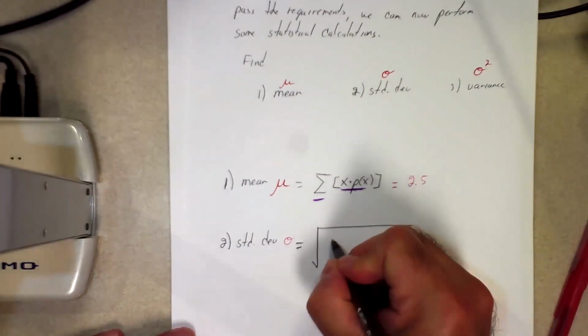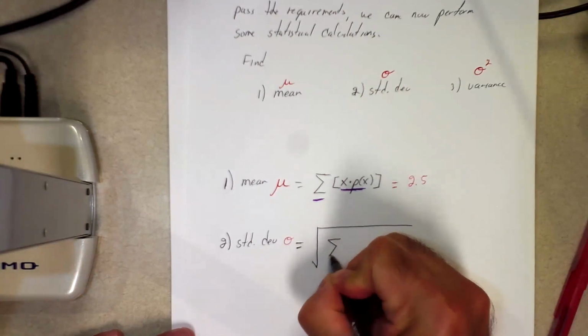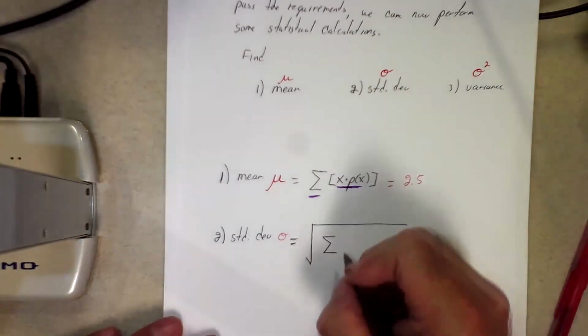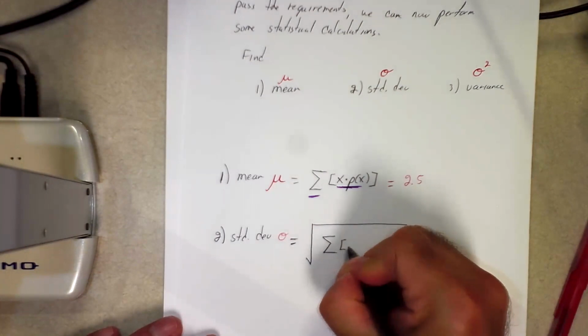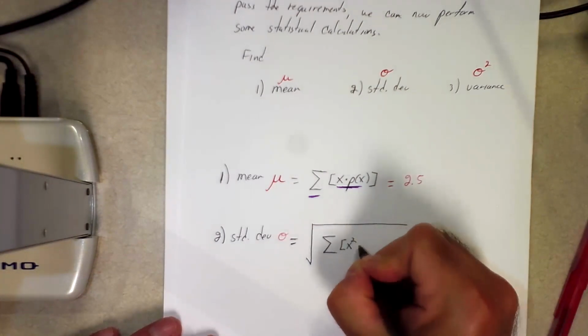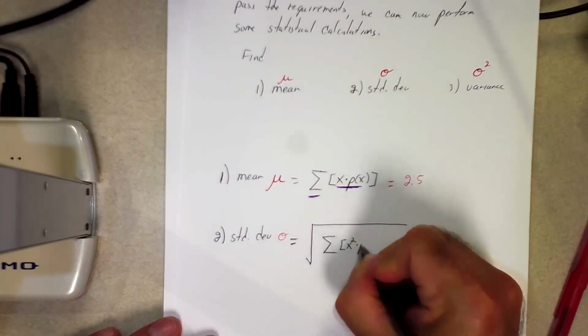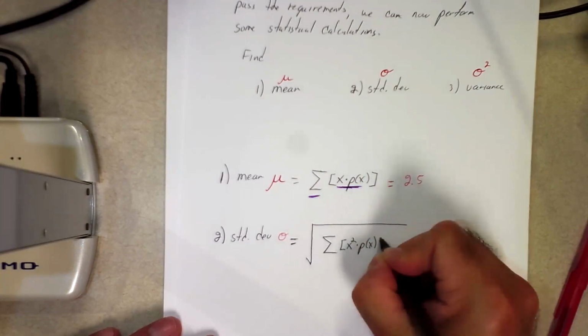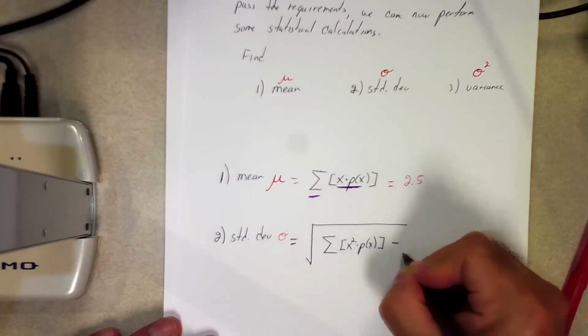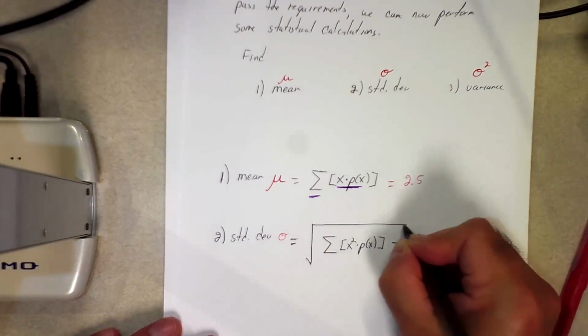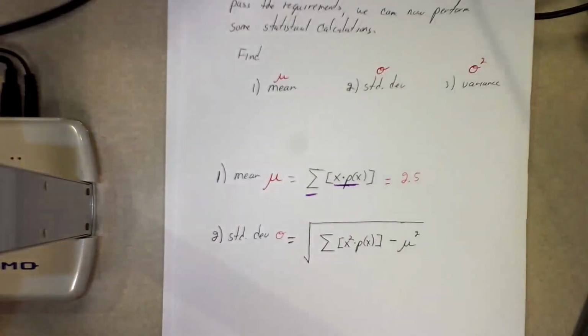Within it you're going to do the sum of x squared times p of x, minus mu squared.